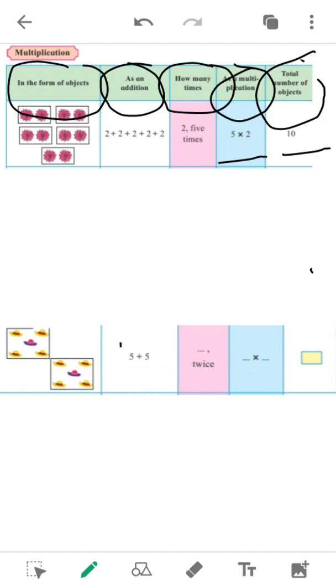Solve the second problem. You can see the two groups of hands. How many hands are in each group? 5. So as an addition, 5 plus 5, 5 twice. Twice means 2.